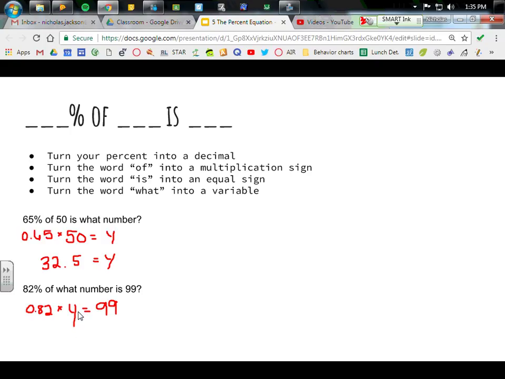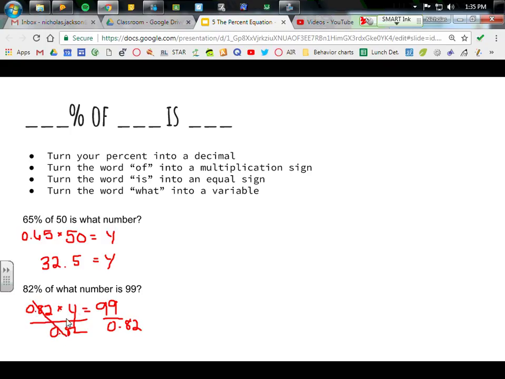How do you find out what y is now? This is what we would call a one-step equation. And in order to solve it, we undo this operation by performing its opposite. So the opposite operation would be division. So we're going to divide by 82 hundredths. Now in algebra, whatever you do to one side of your equal sign, you have to do to the other. So we also have to divide 99 by 82 hundredths.